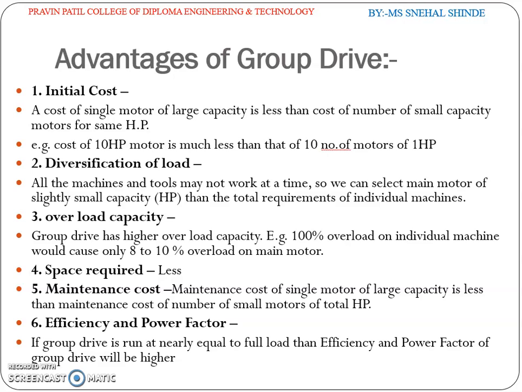Space required is less. The maintenance cost of a single motor of large capacity is less than the maintenance cost of a number of small motors of the total HP. Efficiency and power factor. If the group drive is run at nearly full load, then the efficiency and power factor of the group drive will be higher.